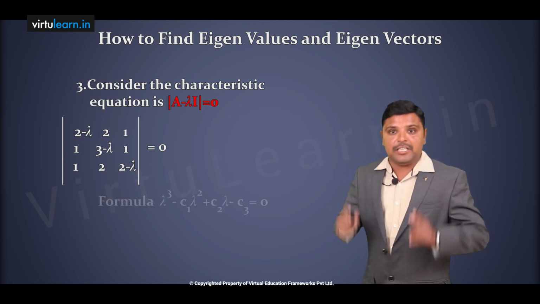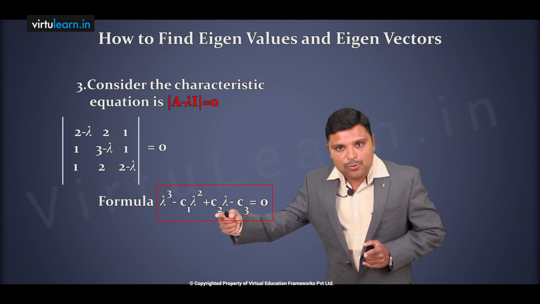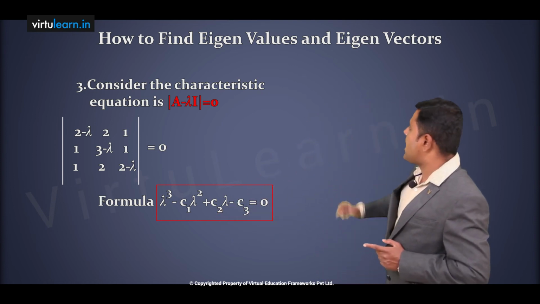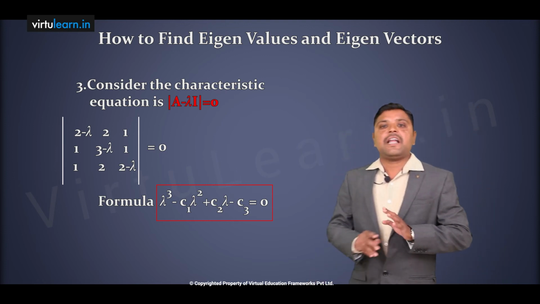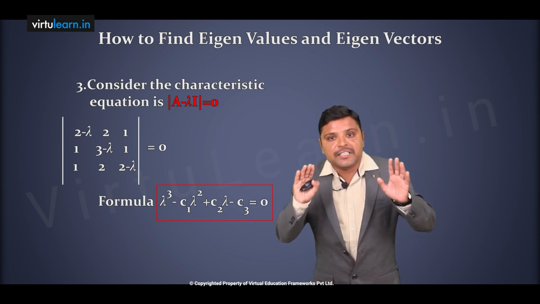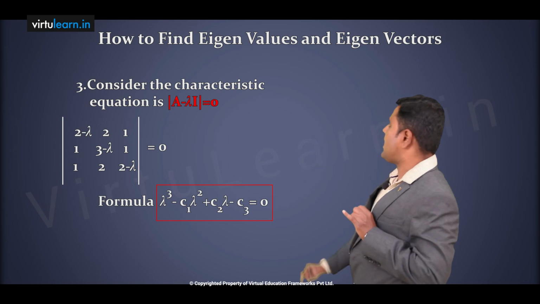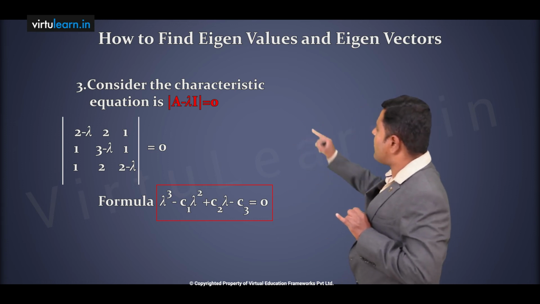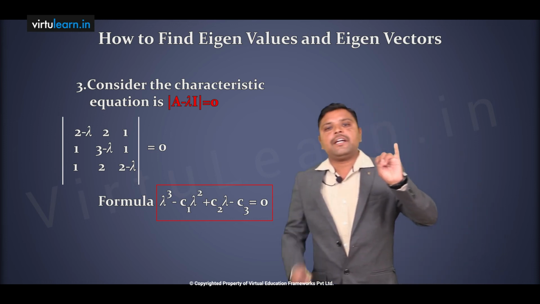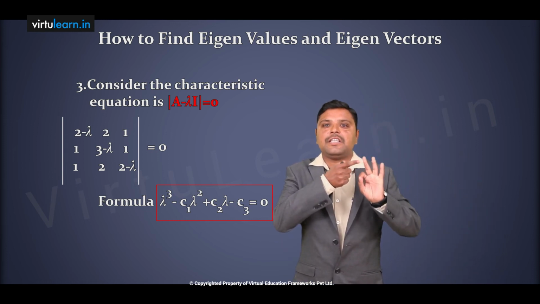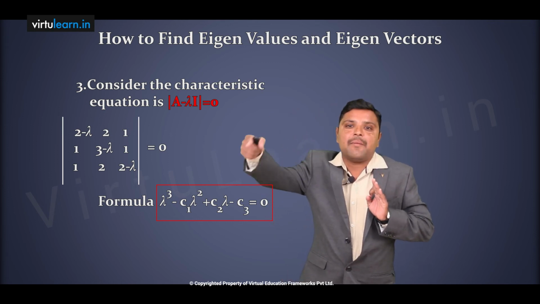The formula is lambda cube minus C1 lambda square plus C2 lambda minus C3 equal to 0. Here we are not expanding the determinant. We are writing the formula. Now here we will calculate C1, C2, C3. Then automatically we will get the characteristic equation in terms of lambda.